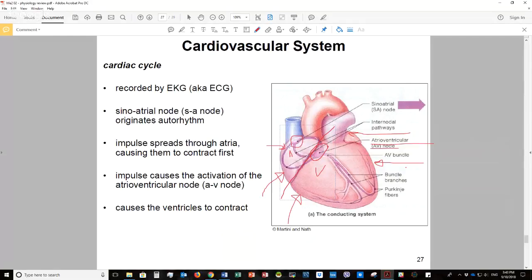But anyway, you can imagine it travels down these pathways to the AV node, the atrioventricular node, and then that sends it down to the rest of the muscle and activates it. Again, all kind of simultaneously. It has to work together. It's important that it works together.